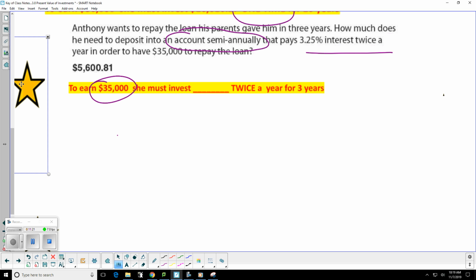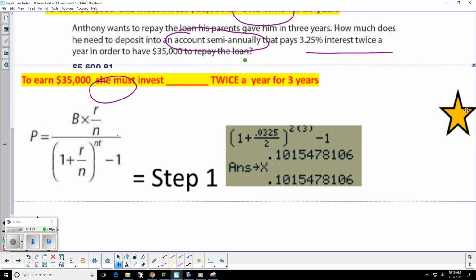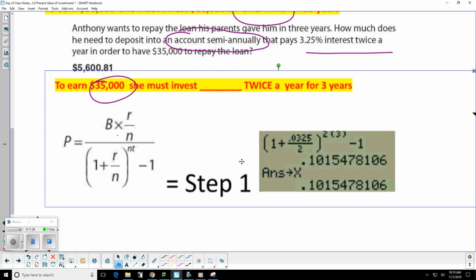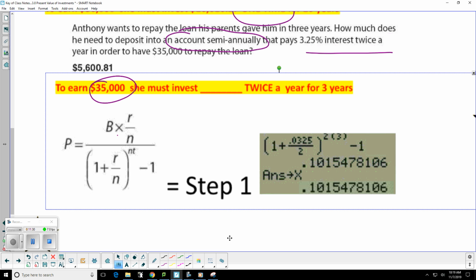So again, let's take a look at our numbers. Okay, all right, because this is not a one-time shot, we're going to use the second formula.